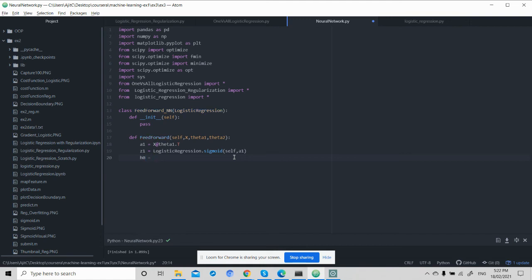Let's say h naught is my bias term, h naught of 1s. Let's append this bias term along axis value 1.